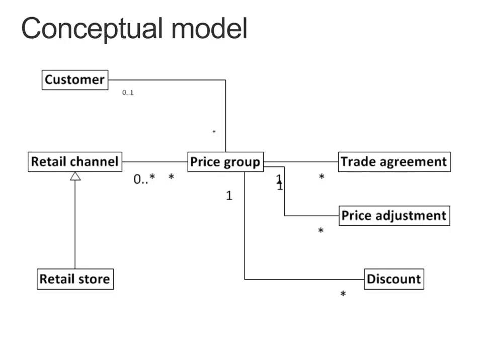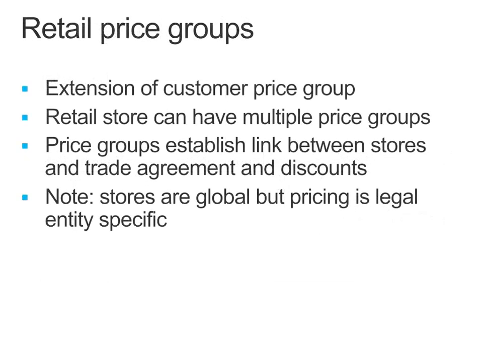Other than that, it behaves the same way. As I mentioned, the retail price group is really an extension of the customer price group and has the same functionality. You could actually assign a retail price group to a customer. We don't stop you. It's really just UI functionality that helps us filter it out.